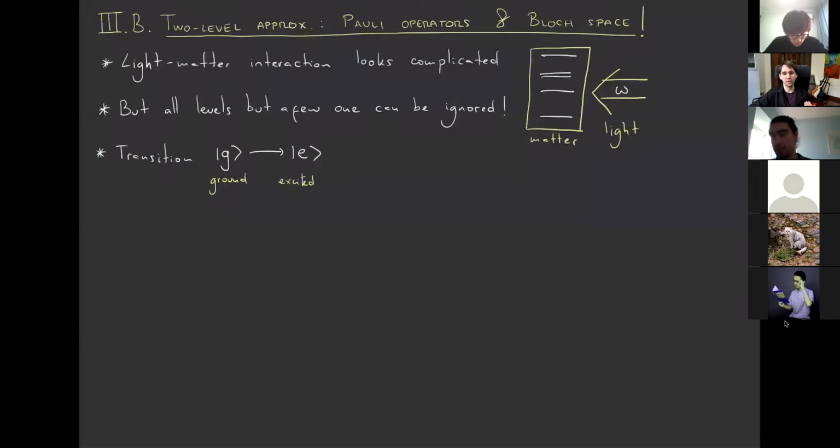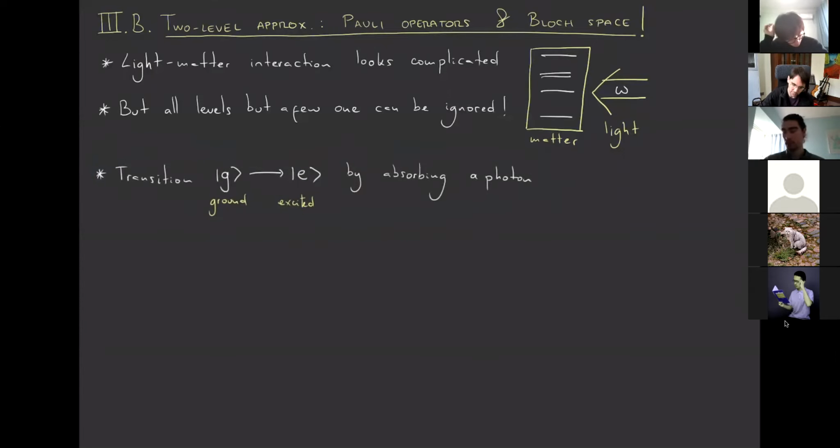Now, you already know enough quantum physics, or you have heard of enough quantum physics, to realize that the transition of one energy eigenstate to another happens by absorbing a photon, which has energy h bar omega.